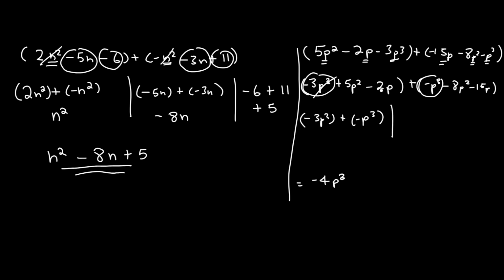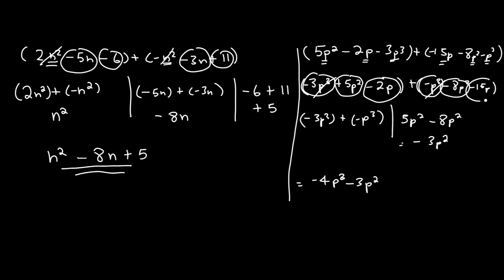Alright, let's group the next one, positive and negative, and add them. 5p squared minus 8p squared. So we'll have a negative, and this will be negative 3p squared. And the last one is negative 2p plus negative 15p, so that will be negative 17p. This is our final answer.